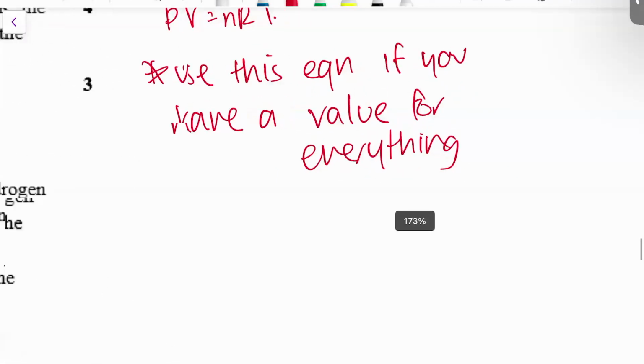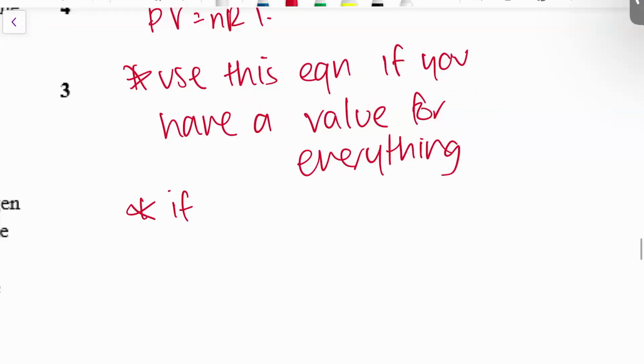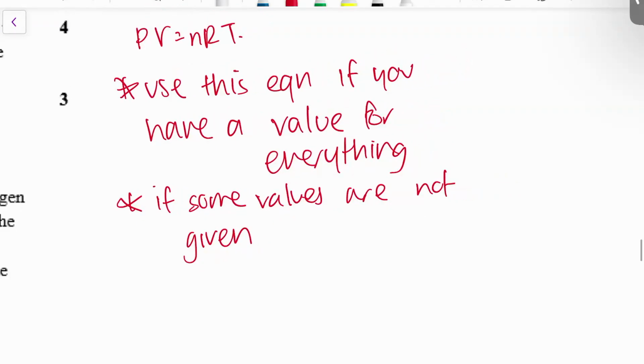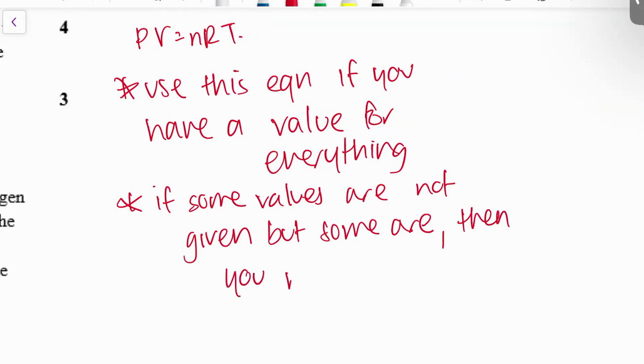And then the next thing is this. If some values are not given, but some are, so you've got some of it, but you don't have all of it, then you might be adjusting the equation yourself.